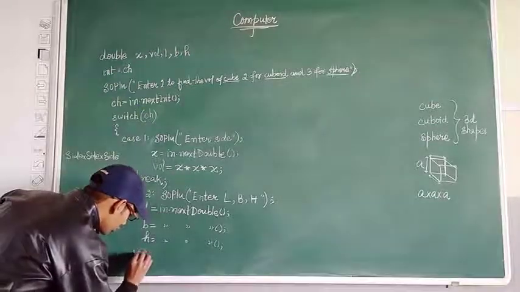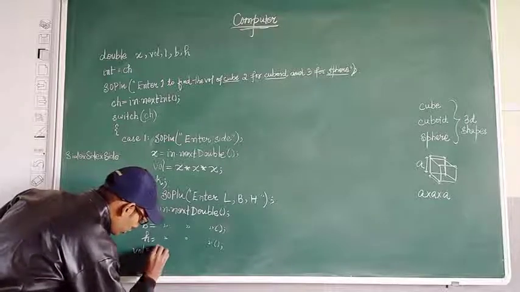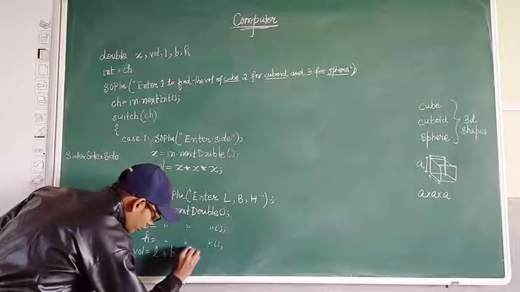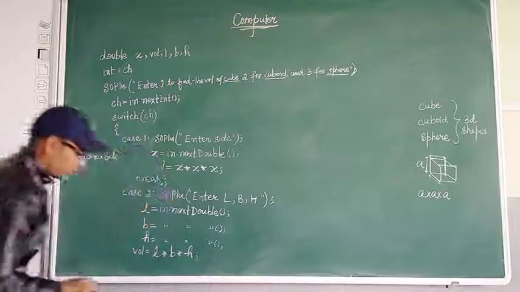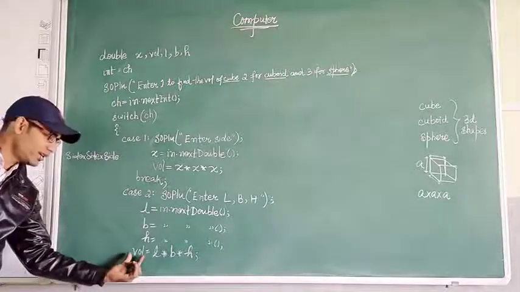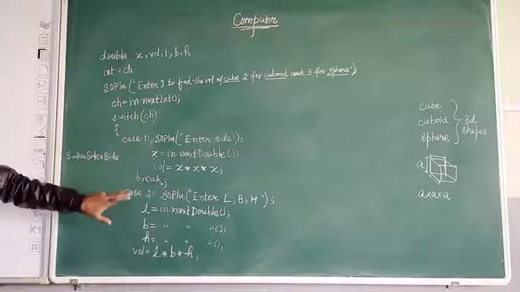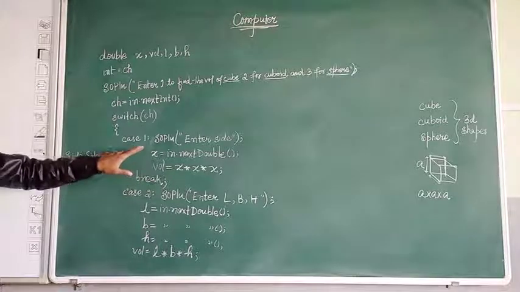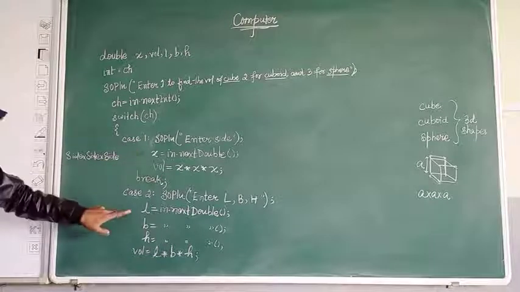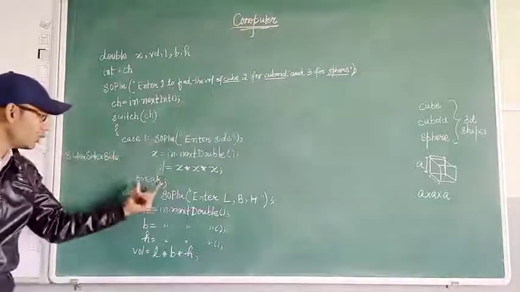Now, volume is equal to L into B into H. Why am I using the same variable? Because only one of the cases will execute. Both these cases will not execute, right? Either this will execute or this or the third one, because break is also there.